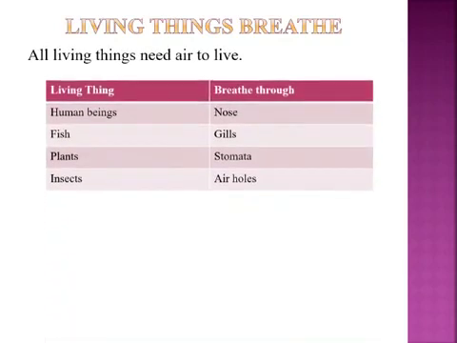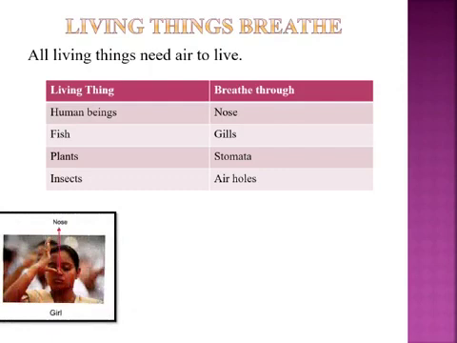Now let us start with the first feature of living things, that is, living things breathe. All living things need air to live. Now look at this table. There are a few living things and also their organs to breathe. Firstly, human beings. We all human beings breathe through the nose.